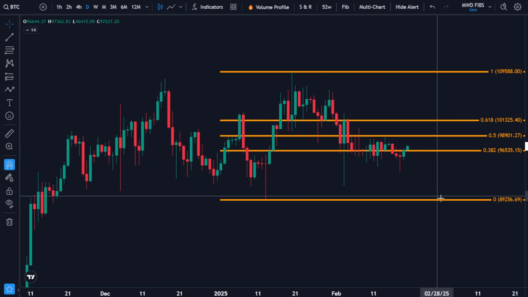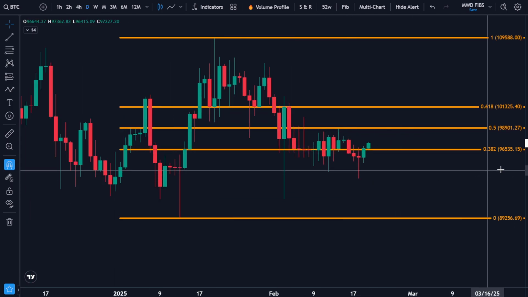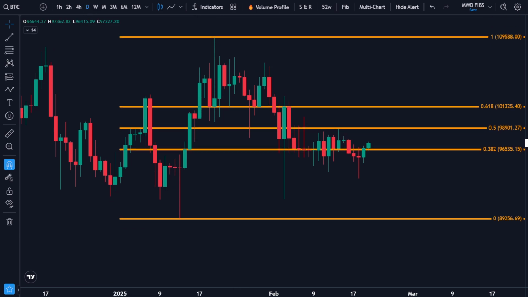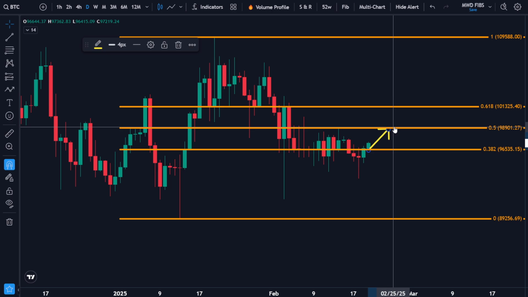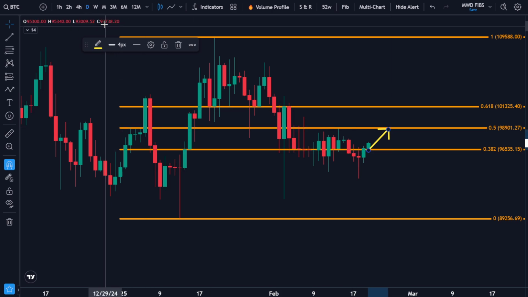Right now, when we go down to the daily chart, if this daily candle will be able to go up to this 0.5 level of the Fibonacci, that means that this daily candle is halfway through the January monthly candle.